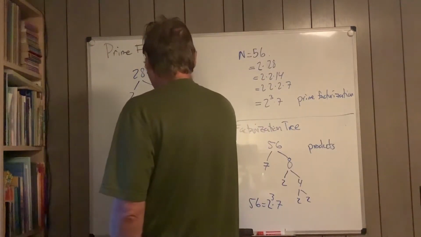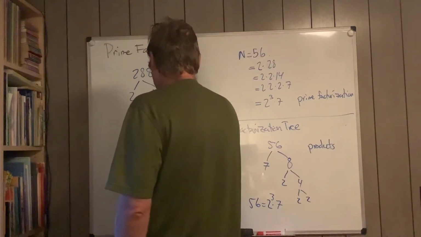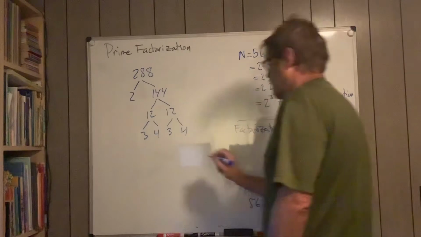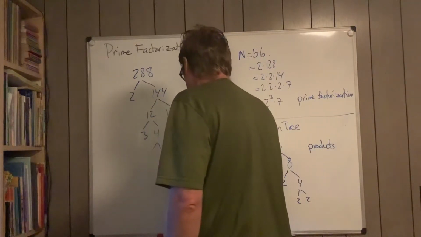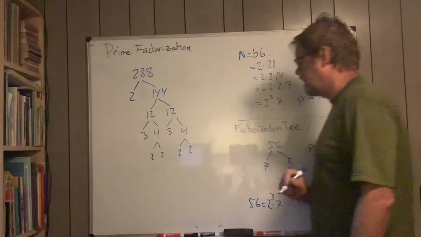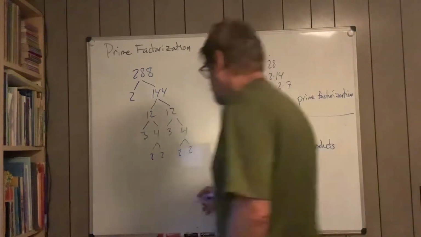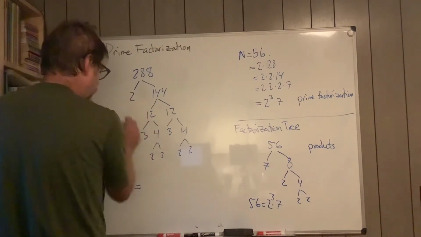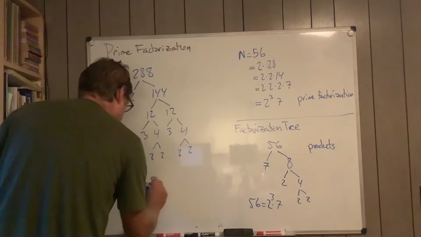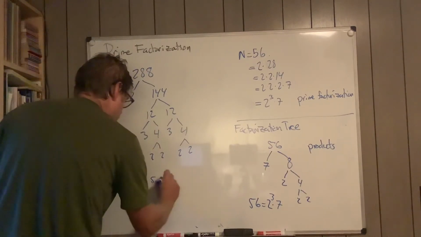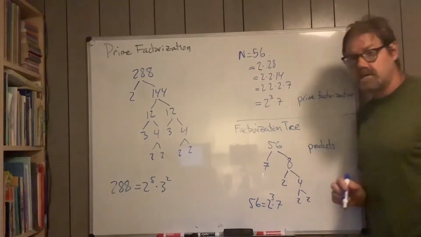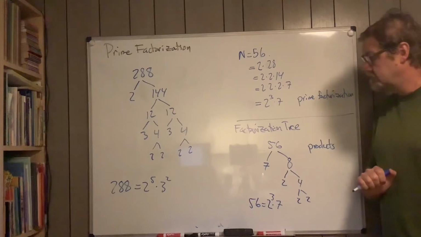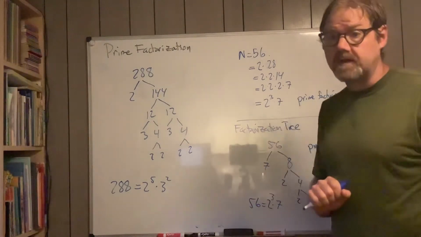And 144 you should recognize as 12 times 12. And then 4 I can write that way. So 288 equals 1, 2, 3, 4, 5 2's, so 2 to the 5th, times 3 squared. Right. Okay. So we've got that.